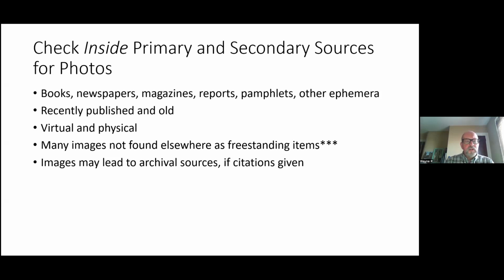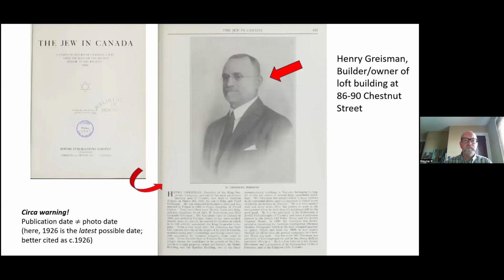And these images that you find as part of your research may lead to archival sources if citations are given. And this is why when you're creating articles or books or even online publications, try to cite where your images come from so that other researchers can trace back your sources.